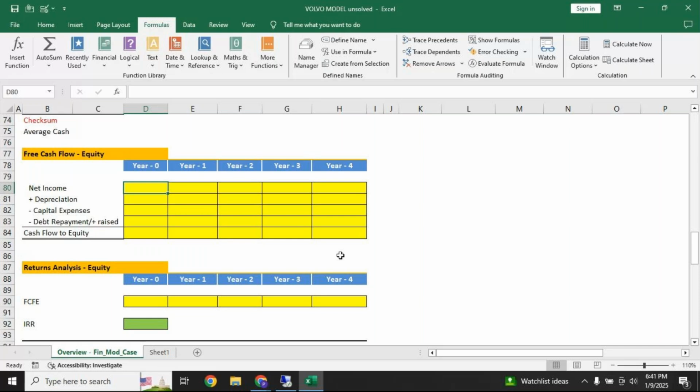So any doubts still here? So check for the values.